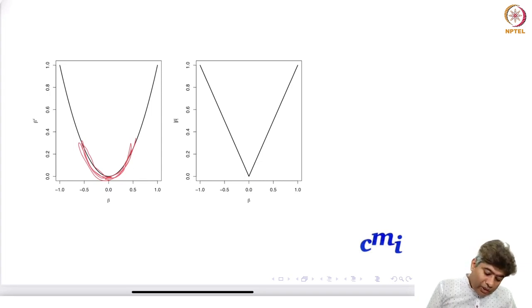But the problem with the mean absolute deviation is that it is continuous, but it is not differentiable at 0. So you cannot really take a derivative and set it to 0 and find the solution. That is the main problem with mean absolute deviation.